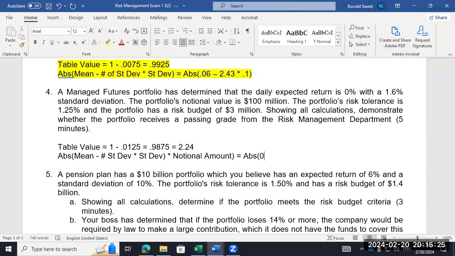Whenever it's a daily VaR, the mean's always going to be 0. And then the number of standard deviations is 2.24. What was the standard deviation? 1.6. And the notional here is 100. We'll see if they're in compliance or not. You can compare it to the budget and see if they're in compliance or not.